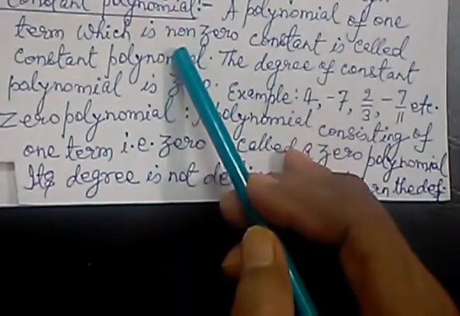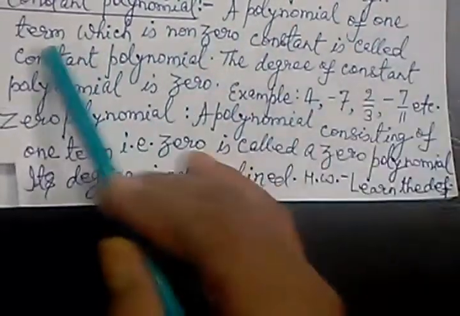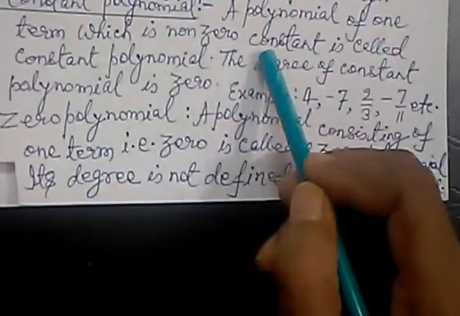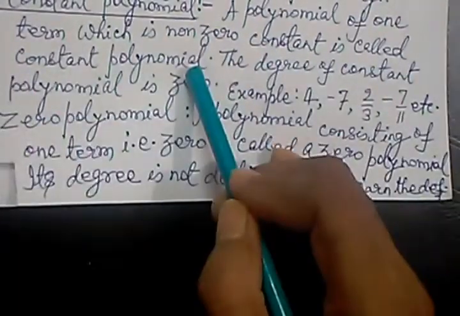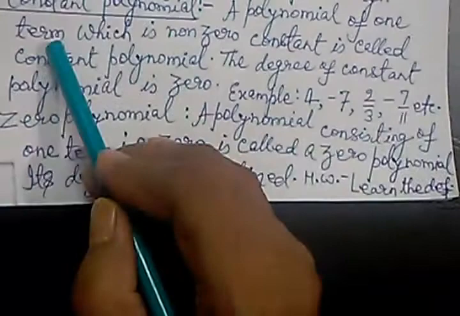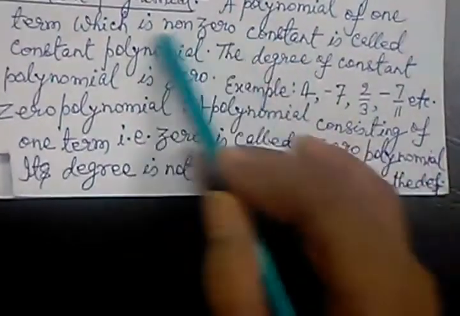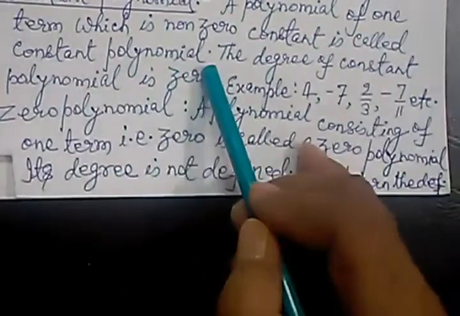Okay. Now come here, constant polynomial. A polynomial of 1 term, which is a non-zero constant. That 1 term must be constant, then it is called a constant polynomial. Clear? The polynomial is having only 1 term, and that one term is a non-zero constant, that is called a constant polynomial.